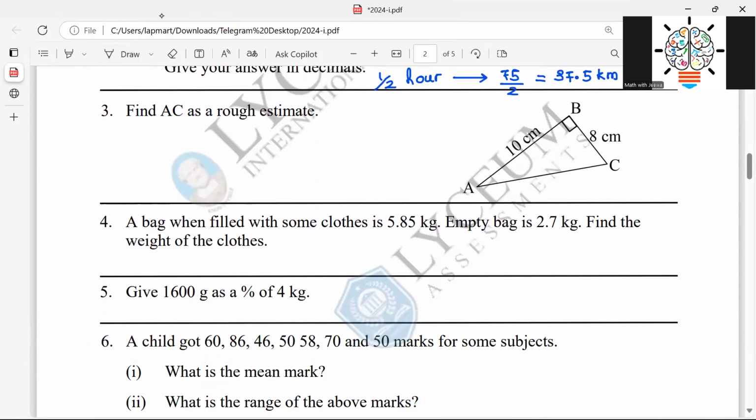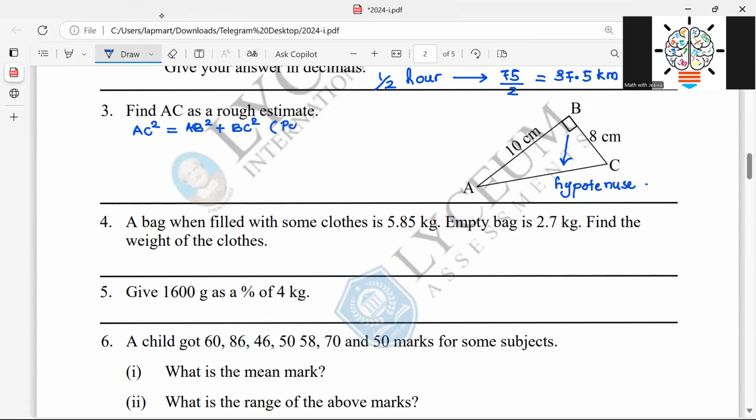So you want to find the AC value as a rough estimate. First of all, you want to understand this is the hypotenuse, right? This is the hypotenuse. Then I write AC squared is equal to AB squared plus BC squared, right?